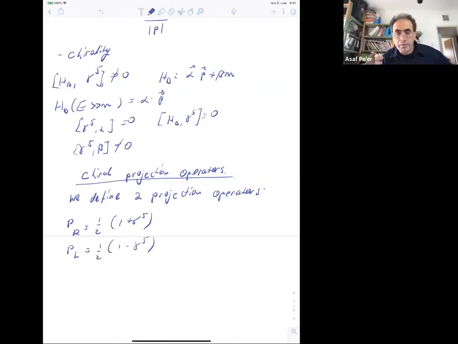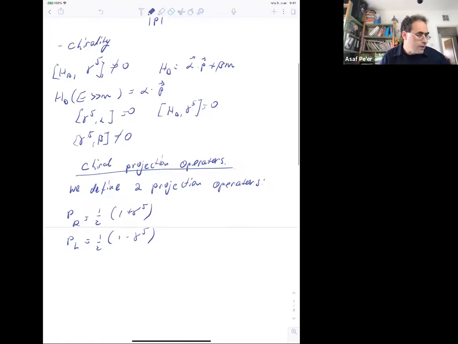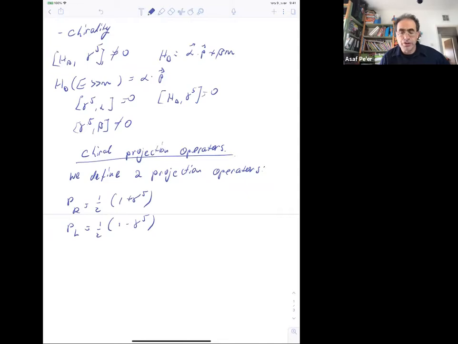And then we wrote down the properties of the gamma 5 matrices last time, right? So it's pretty much straightforward to show that these two operators, P_R and P_L, satisfy everything that you'd imagine from a projection operator.